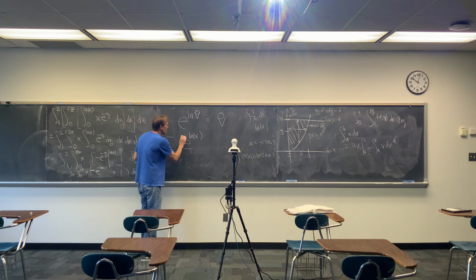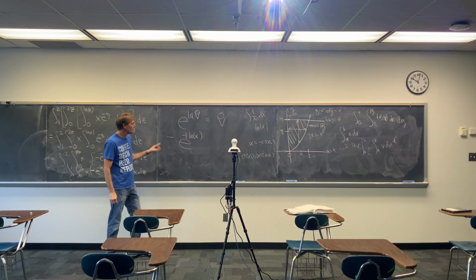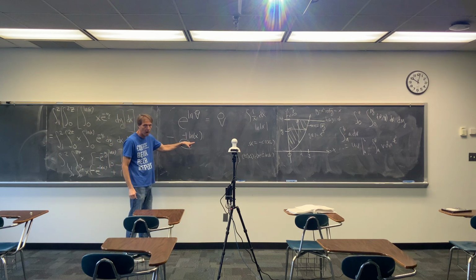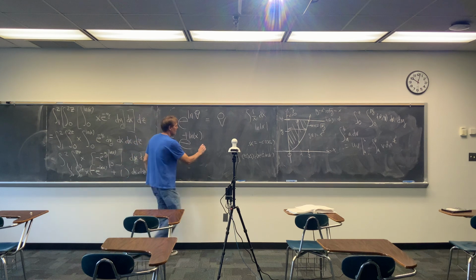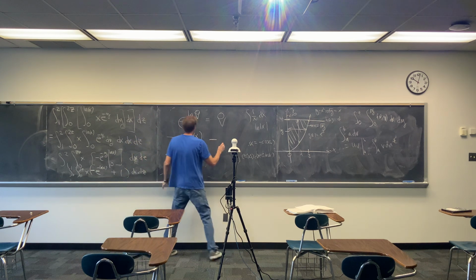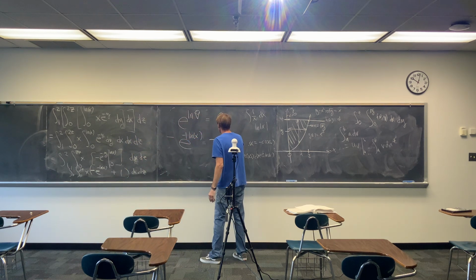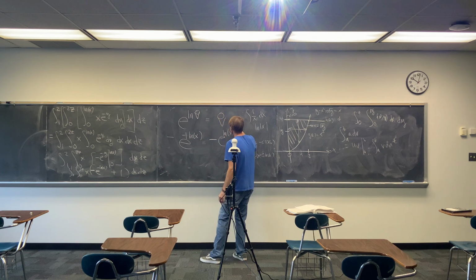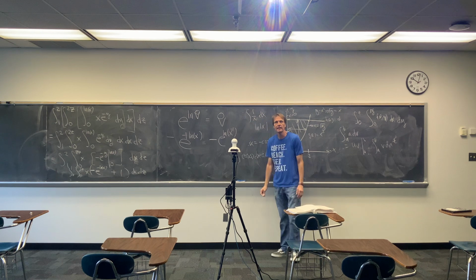But I can think about this minus. This is not calculus, guys. This is algebra. This is the same thing as e to the negative 1 times the natural log of x. That minus is hanging there, which is the same thing as e to the natural log of x, to the negative 1.